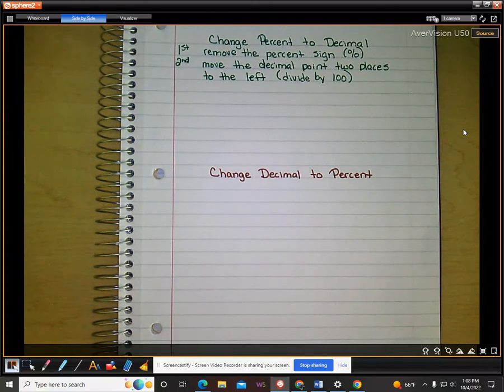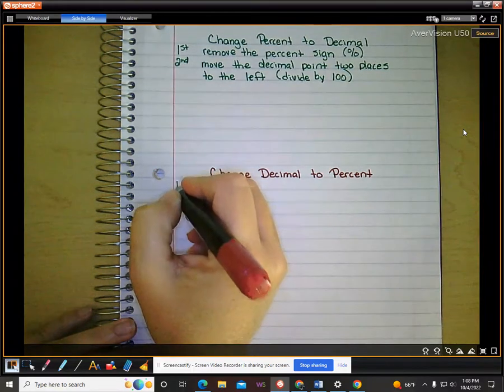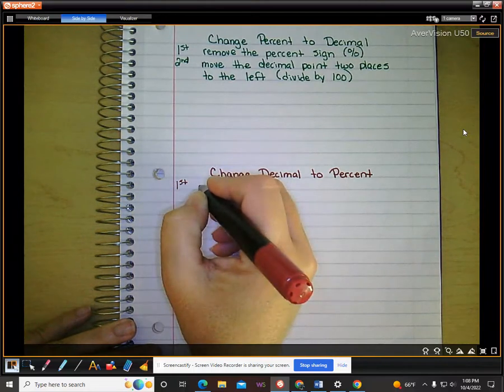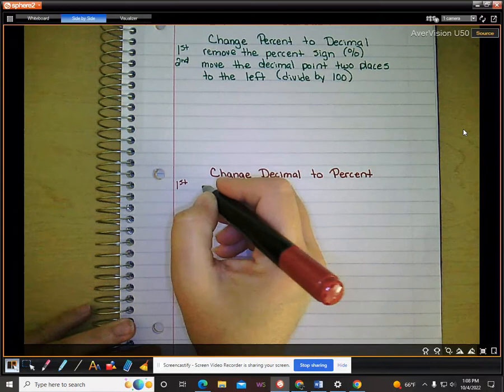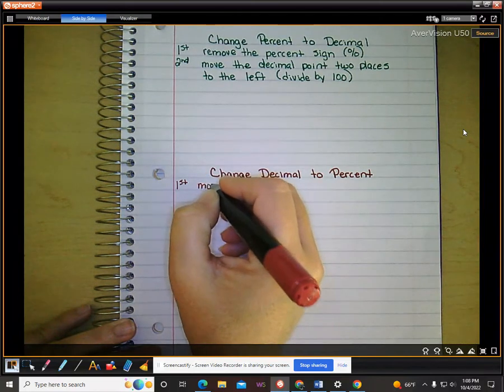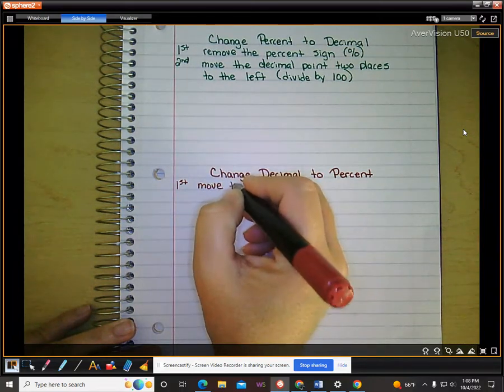All right, so the opposite of that would be changing a decimal to a percent. So we're starting with a decimal. To change that to a percent, you are going to move the decimal point 2 places to the right this time.